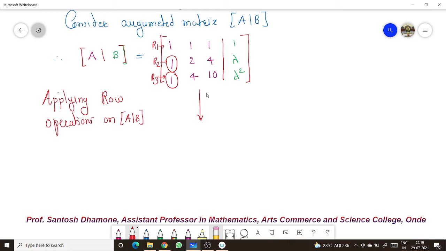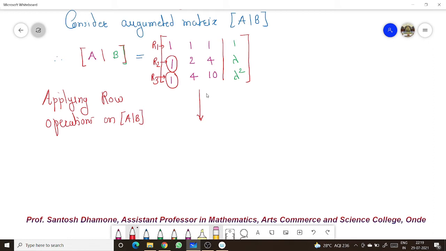For the next operation, R3 minus R1: 1 minus 1 is 0, 4 minus 1 is 3, 10 minus 1 is 9, and lambda square minus 1. This is the matrix obtained by two operations on rows, R2 minus R1 and R3 minus R1.